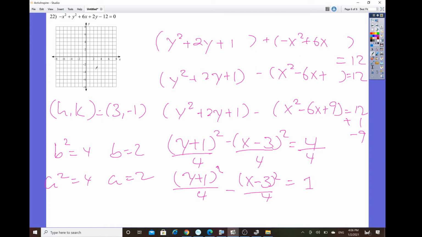So we started out with 3, negative 1: 3 to the right, down 1. And this one looks like it's a vertical hyperbola. And for the value of b, 2 units up, 1, 2, and 2 units down, 2 units to the right, 2 units to the left.